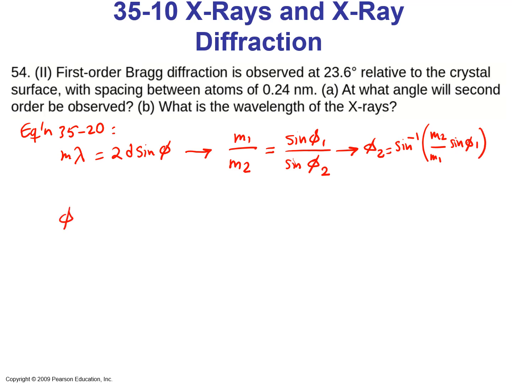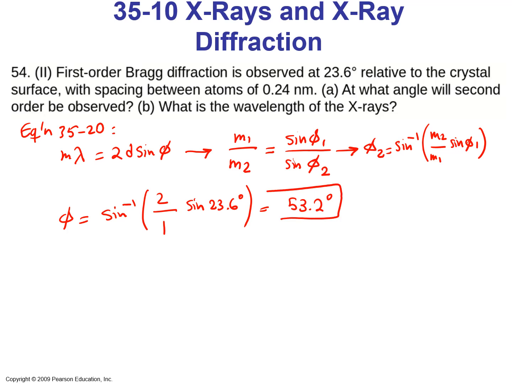Let's plug in the values. Phi 2 is equal to sine inverse of the second order divided by the first order, 1, multiplied by sine of 23.6 degrees. That simplifies to 53.2 degrees. So that was part A.